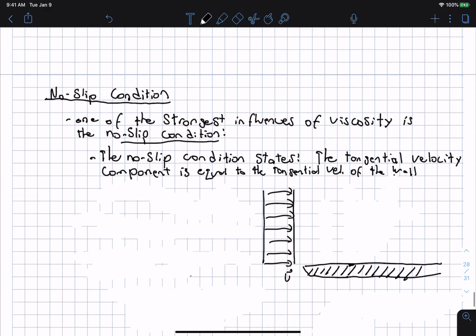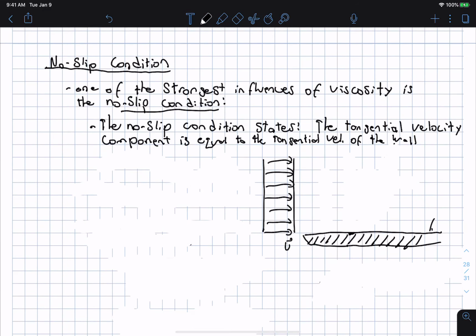Okay, and so this here is a flat plate. And we have a flow of, say, air flowing over this plate. And in front of the plate, the velocity profile is perfectly flat. It has some velocity capital U.